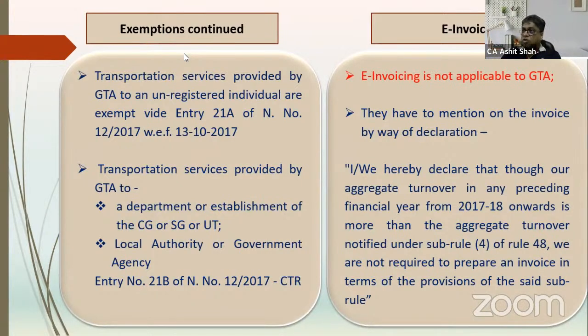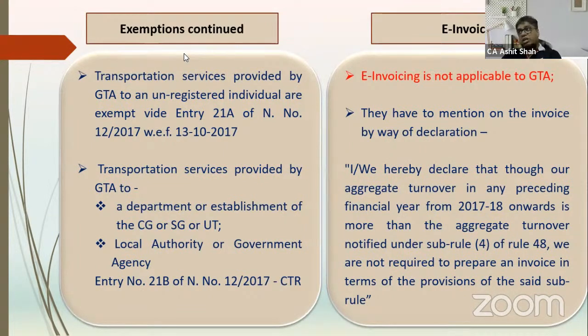Now, from October 2022, this limit has been reduced to 10 crore rupees. And believe me, friends, in the next 6 months, that means by 2023, it would be applicable to 1 crore rupees per person also. That means the government wants every taxpayer to issue e-invoices so that fake invoicing can be controlled to a great extent.